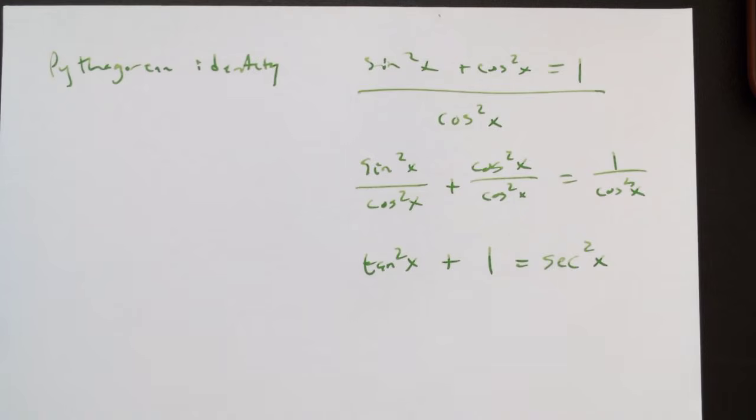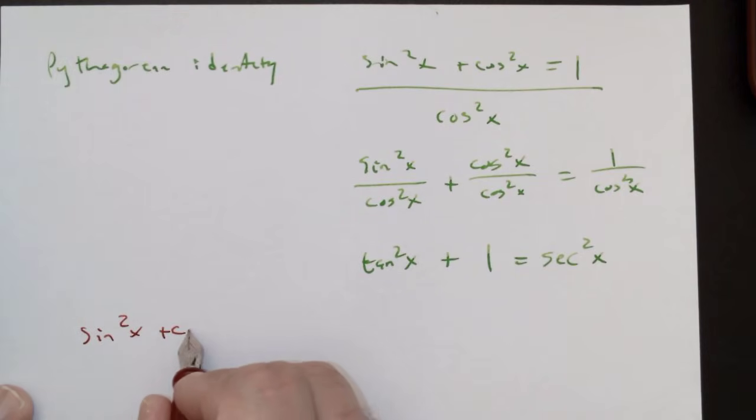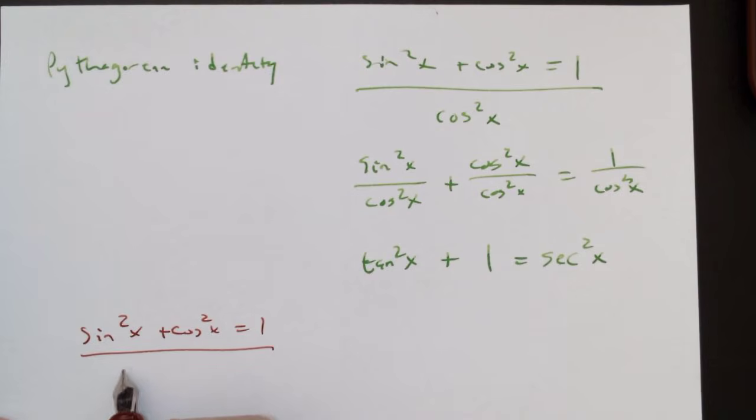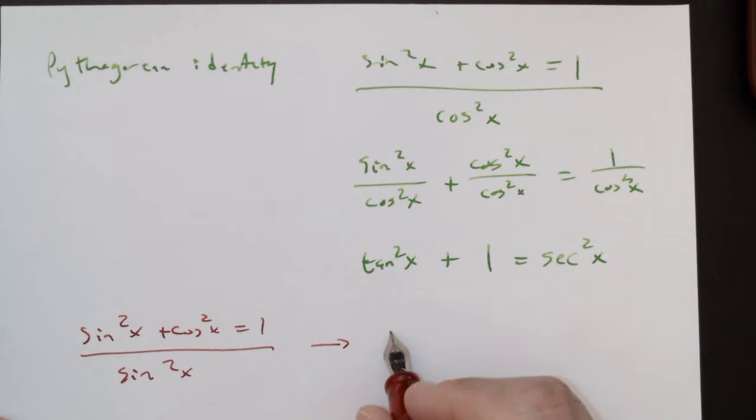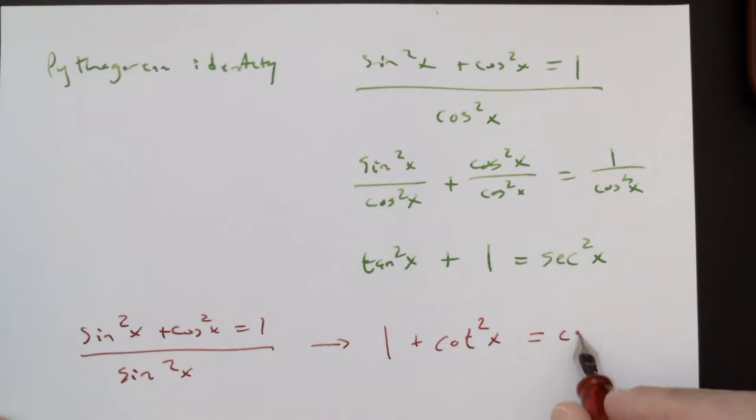If I take this same Pythagorean identity and I divide by sine squared x instead, then I get sine over sine, cosine over sine, and 1 over sine.